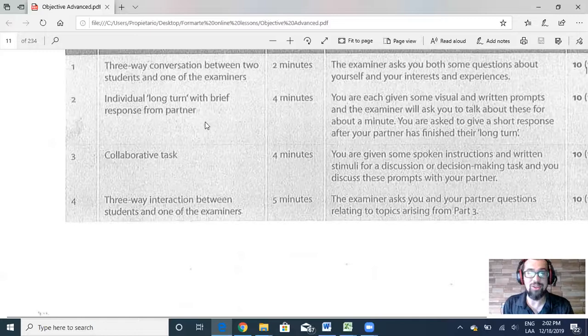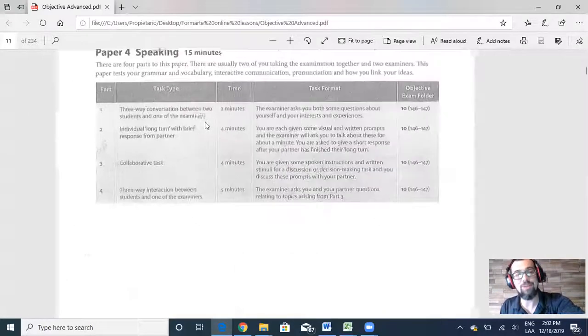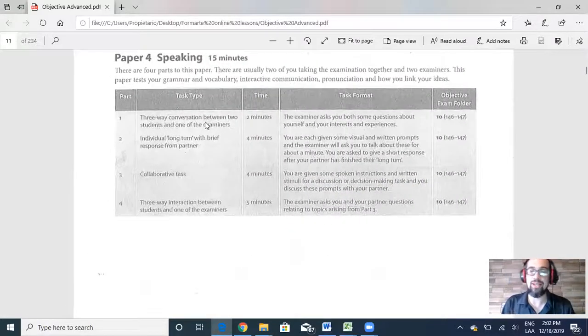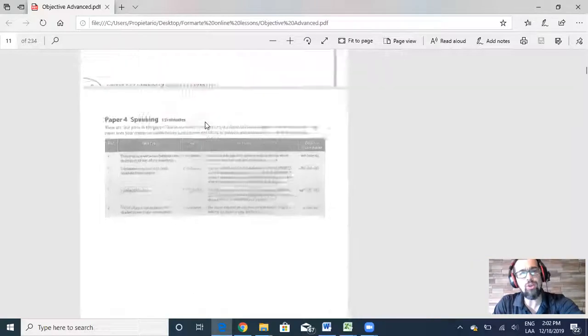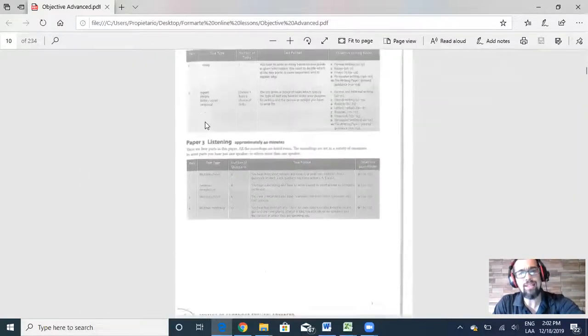So that's another thing I really like about this speaking test, which is that they evaluate how you interact with each other. We're going to practice these different parts and how they work. And of course, I'm going to give you some very important tips regarding this part. So in general, those are the four parts of this test.